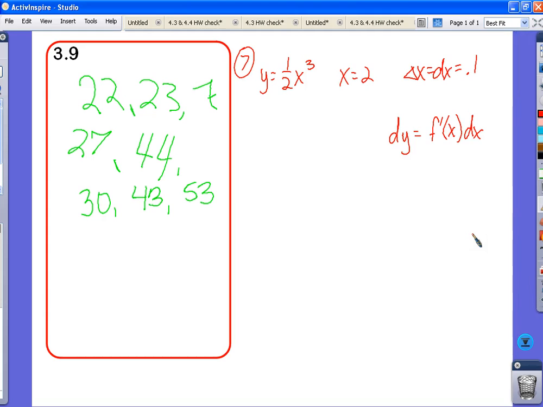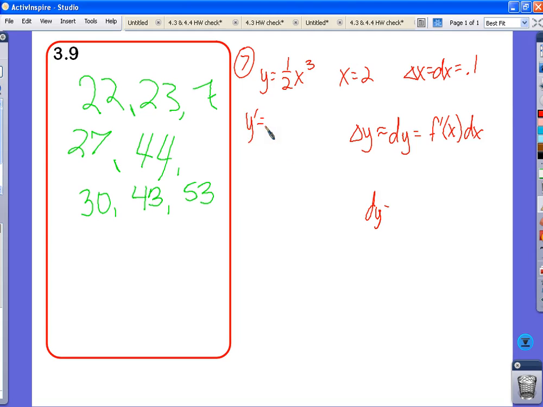So if we want to find dy, which is going to be close to delta y as long as dx is small, which it is, it's 0.1, first we need f prime, not just f prime, but f prime of the x value that you're at, or at 2. So first let's find f prime, or y prime.